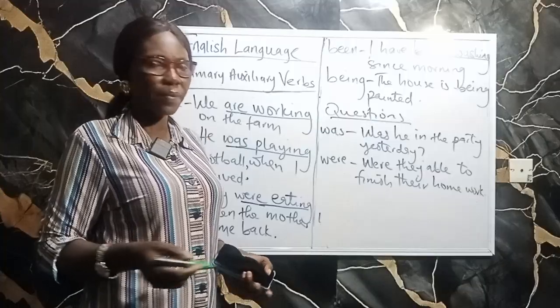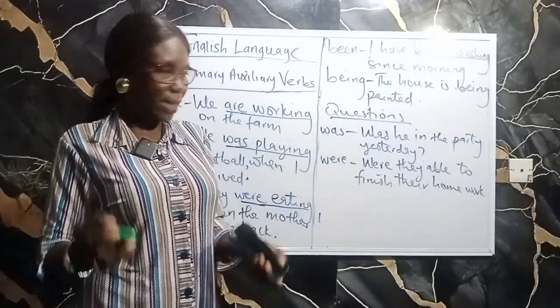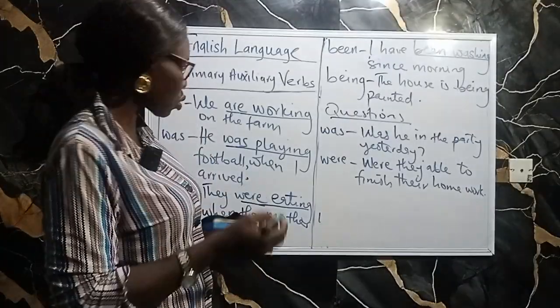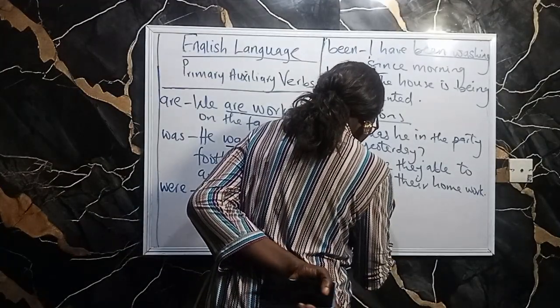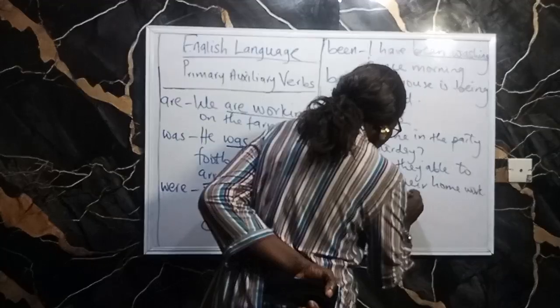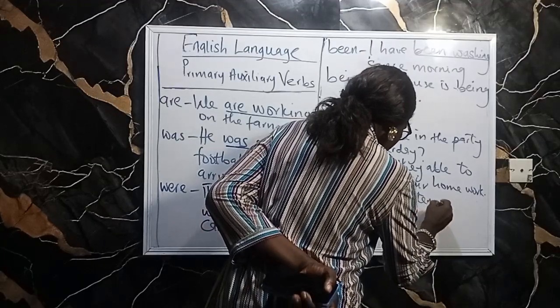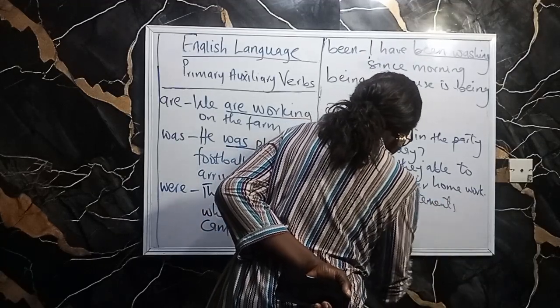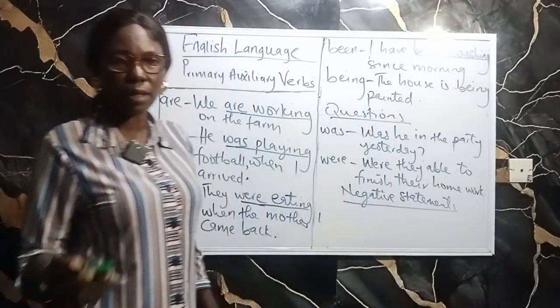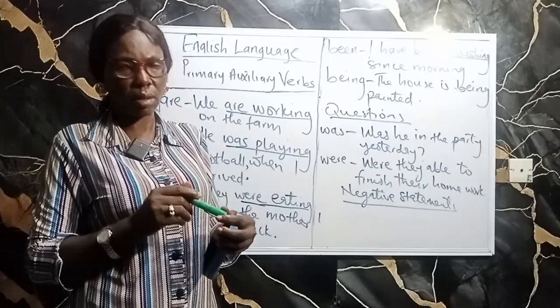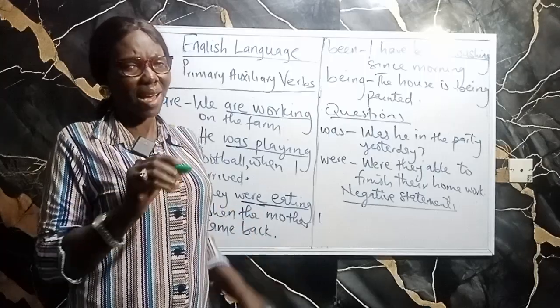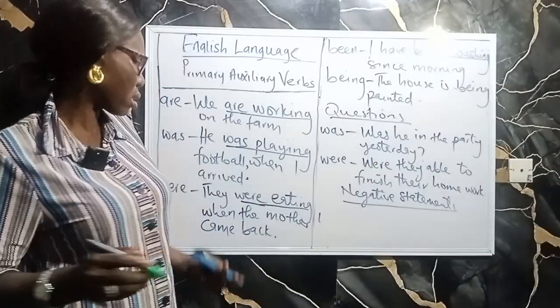We can also use them to form negative statements. So let me use about two again for negative statements. Okay, when we say negative statements, it means statements that contain not, N-O-T.